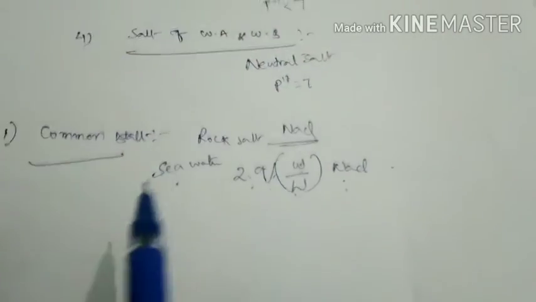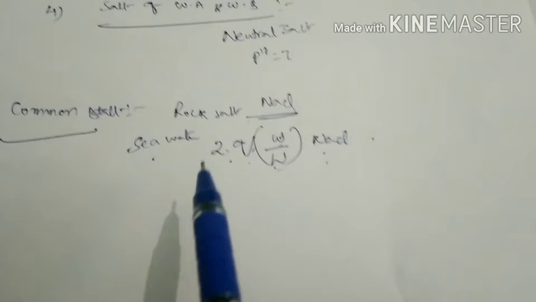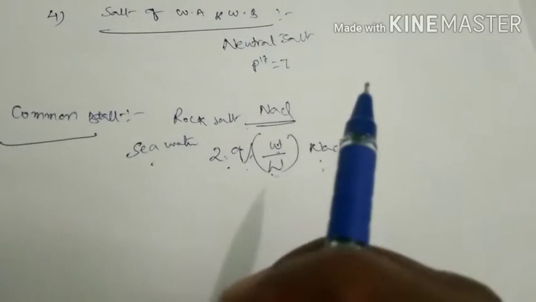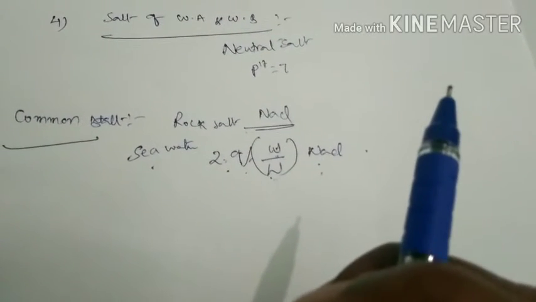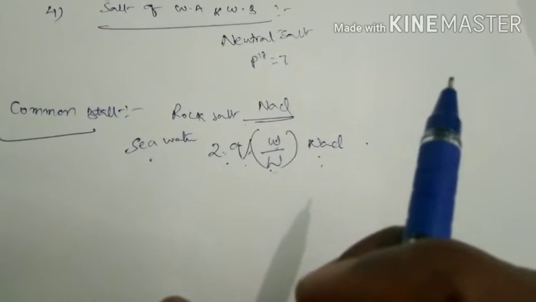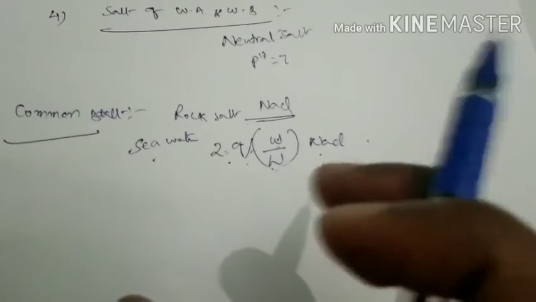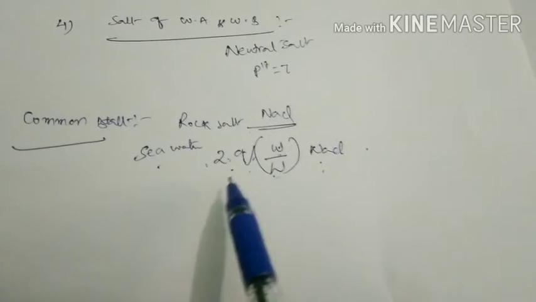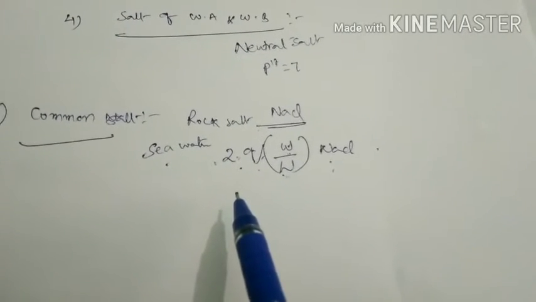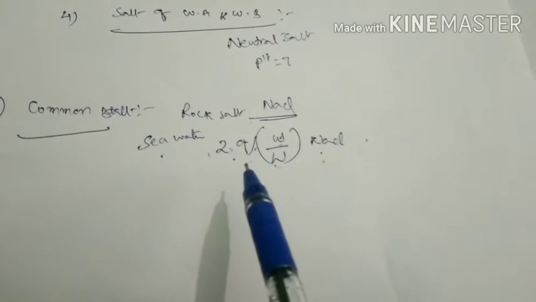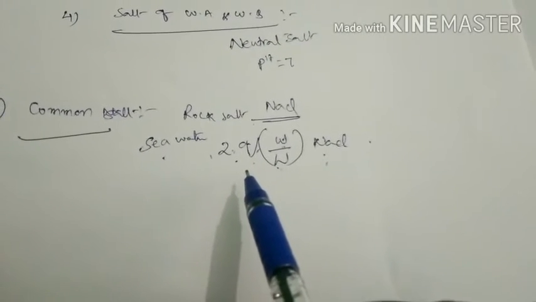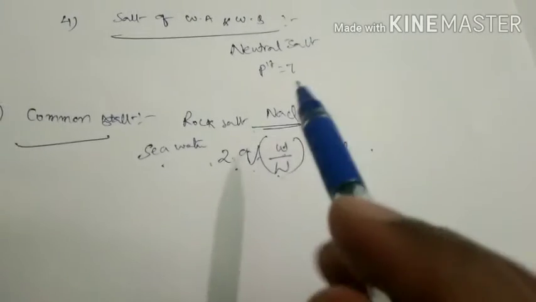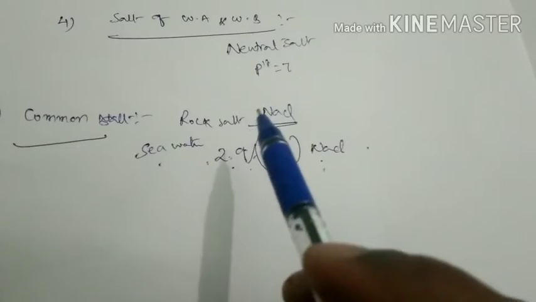Here there are some more points regarding common salt. It is the raw material for various materials of daily use such as sodium hydroxide, baking soda, washing soda, bleaching powder, etc. That means while making those compounds we will use this one.